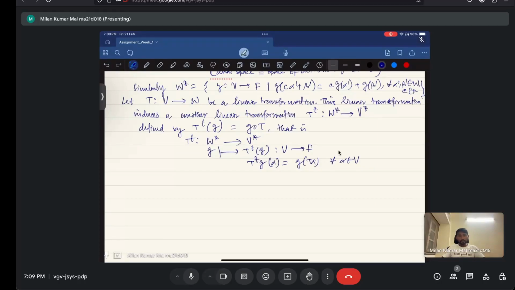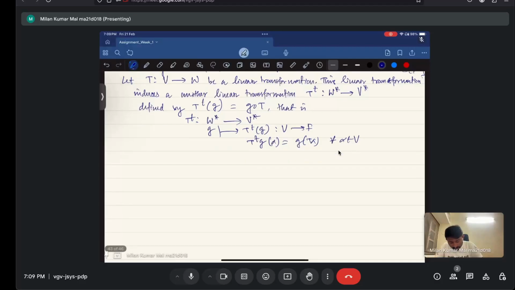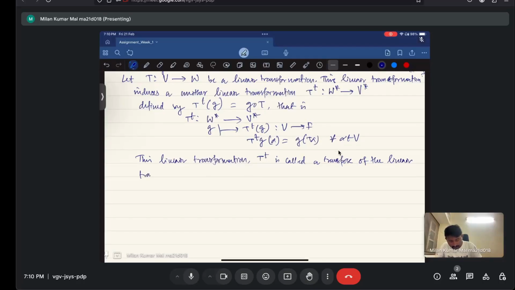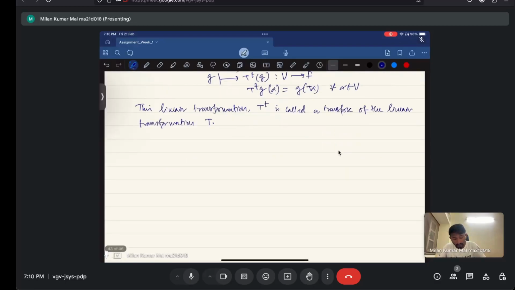T transpose is a linear transformation called the transpose of the linear transformation T.